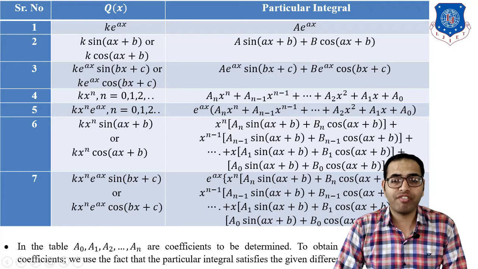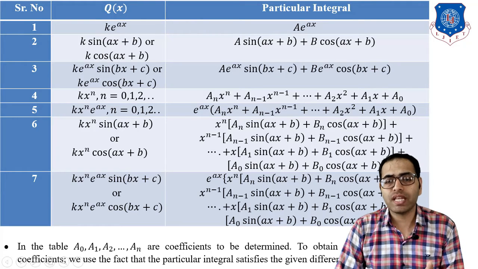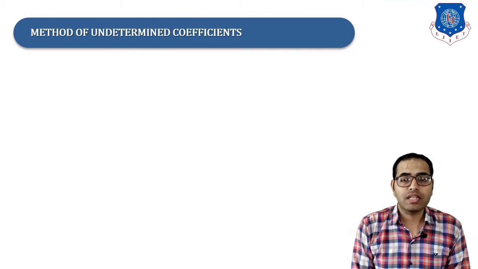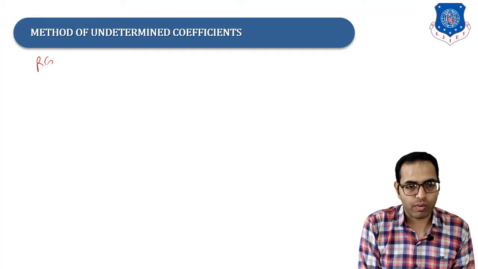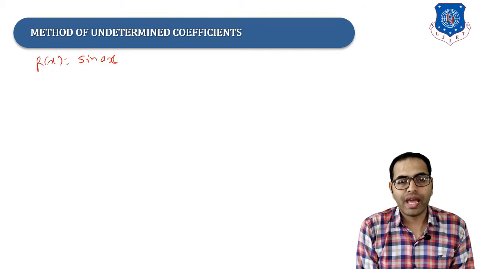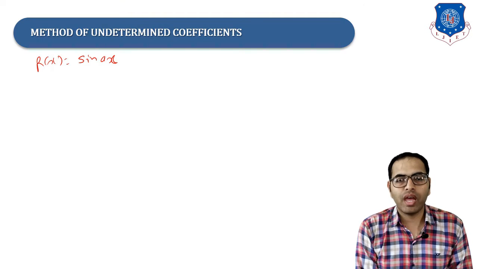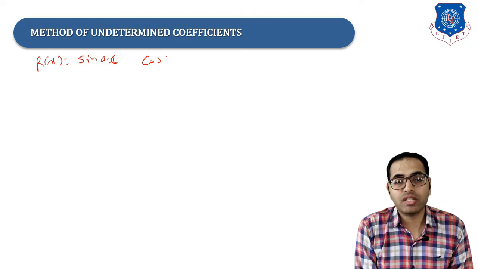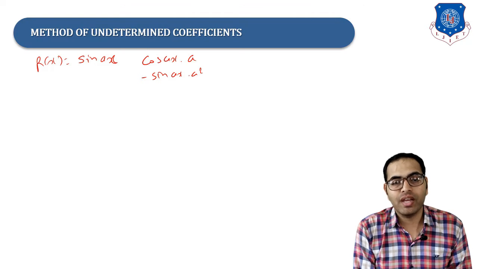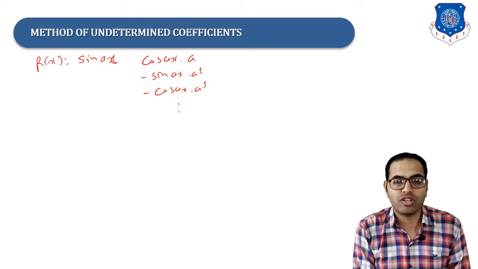See how we can find the linear combination of such a particular integral. Suppose r of x, or q of x, equals sin ax. The derivative of sine is cos ax into a, the derivative of cos is minus sin ax into a square, again the derivative gives minus cos ax into a cube, and so on.